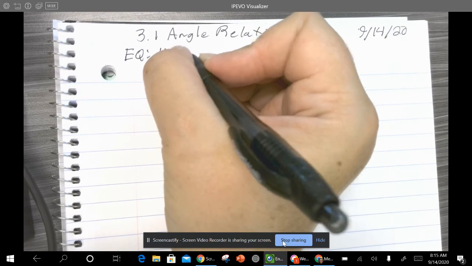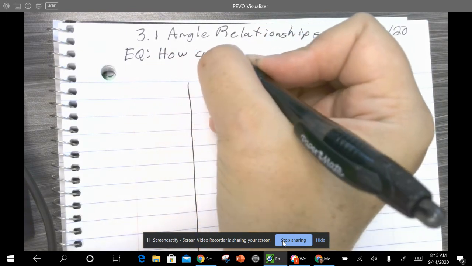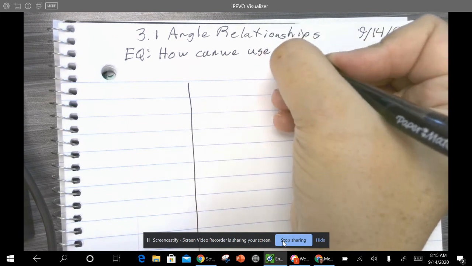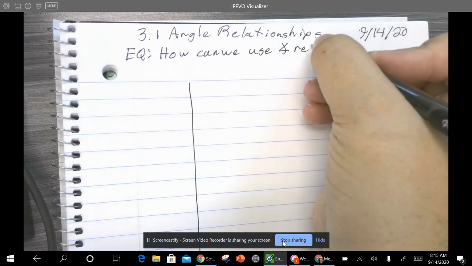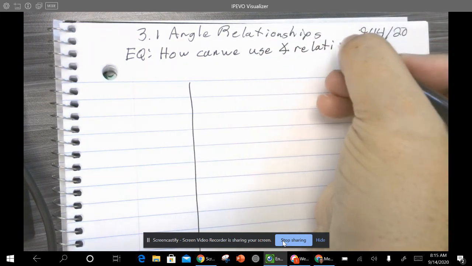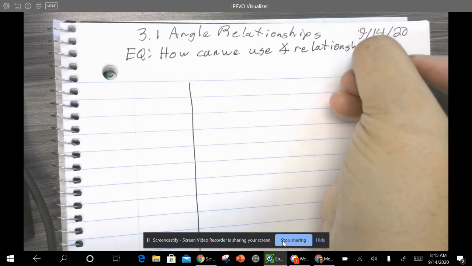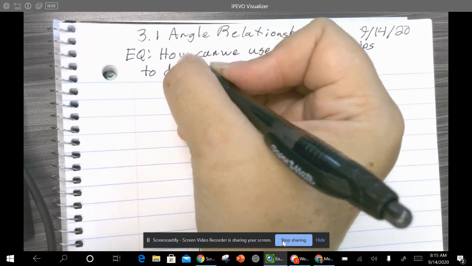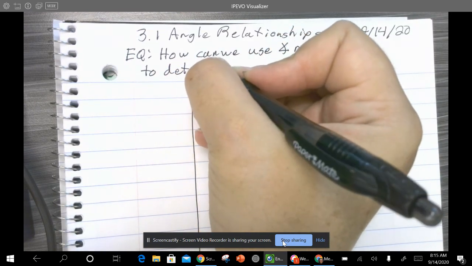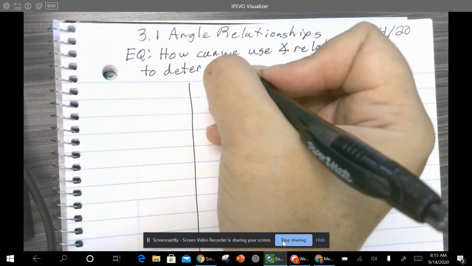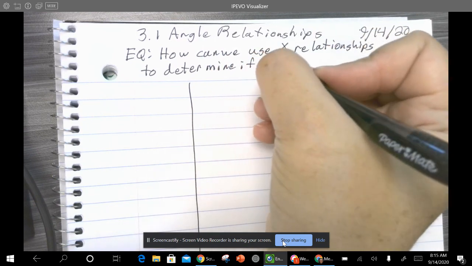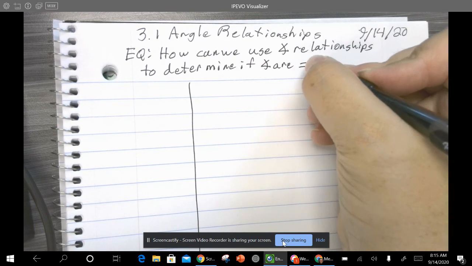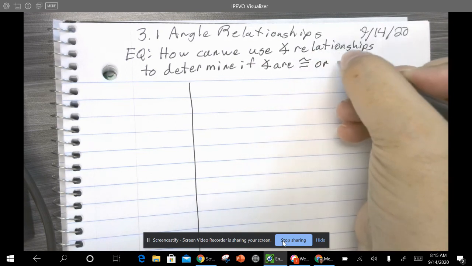So how can we use angle relationships to determine if the angles are congruent or supplementary?